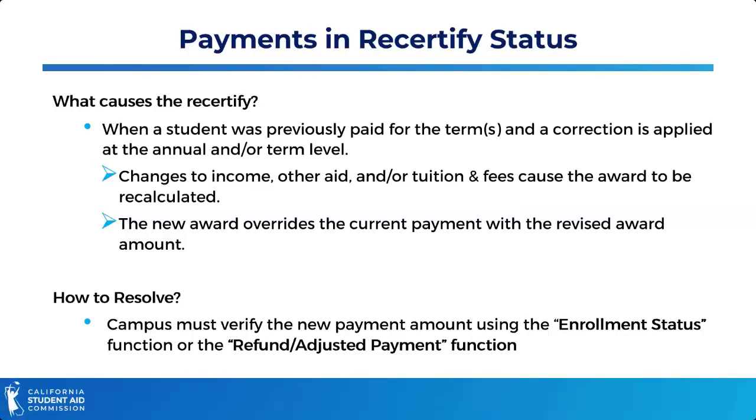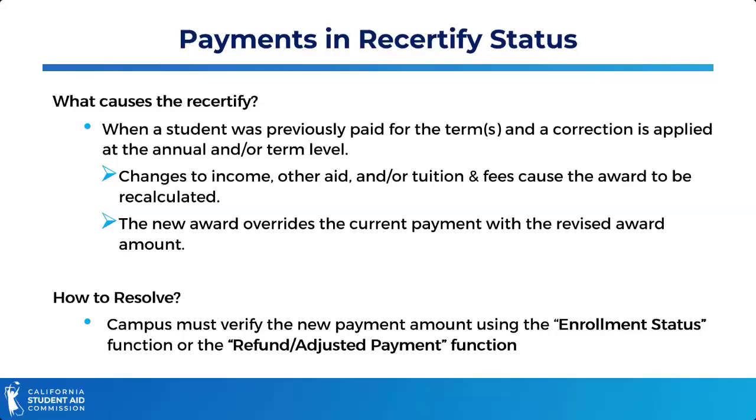When you are pulling up the students, and we'll take a look in the next slide how you pull these students up, please note that only the first 120 records will be displayed. Let's say you have 250 students in this status. When you pull this report, it will only show you the first 120.